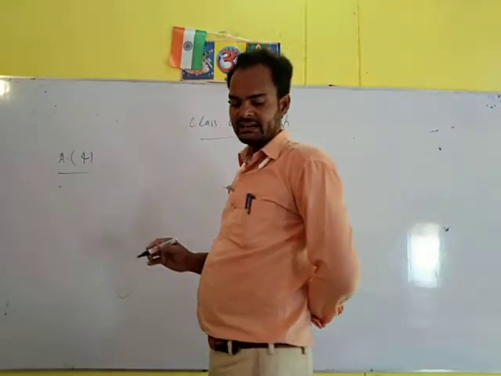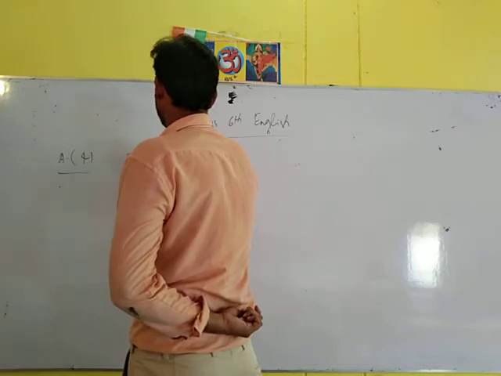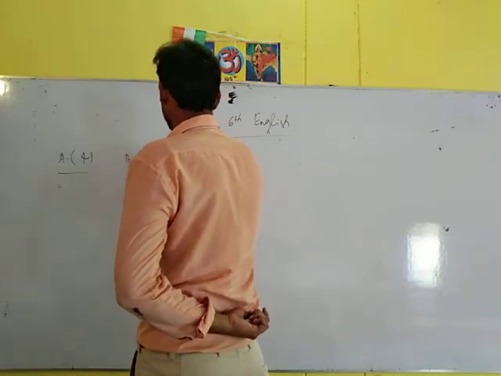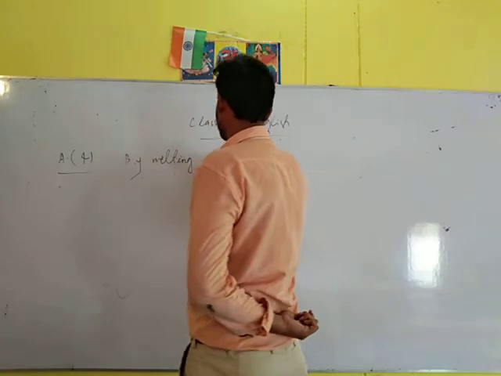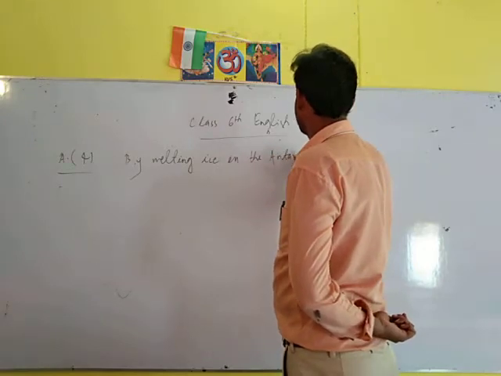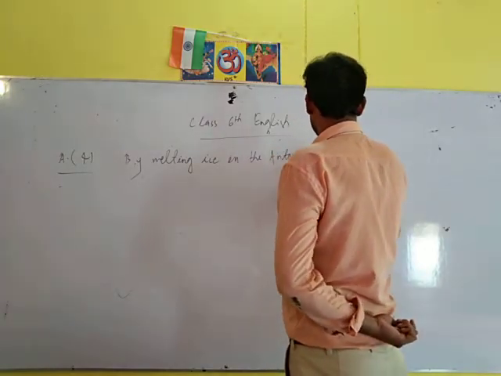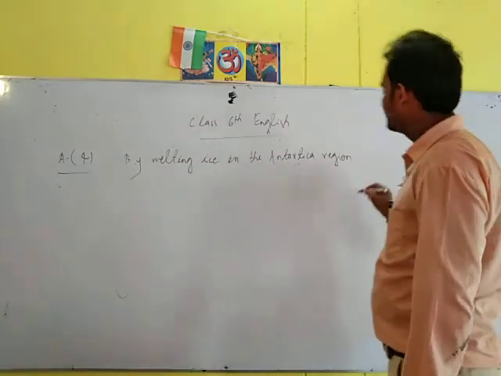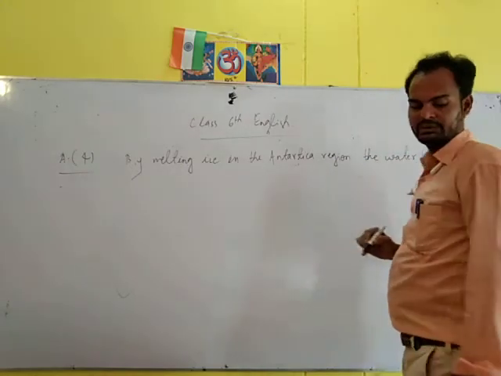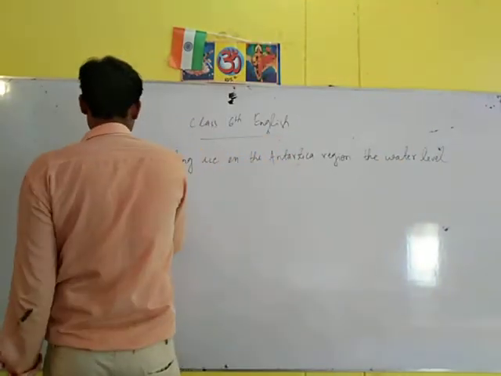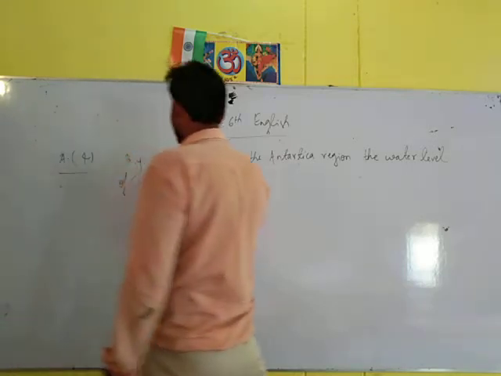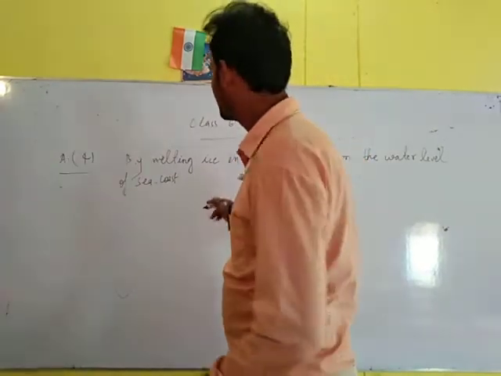By melting ice in the Antarctica region, the water level of the sea coast will increase. The spelling of coast is C-O-A-S-T.